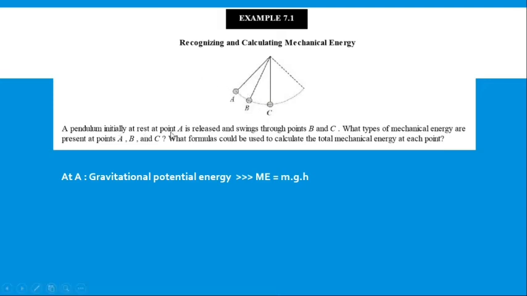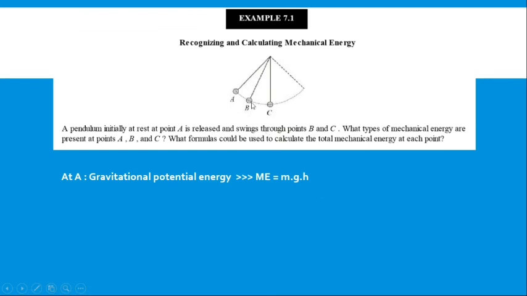And even if this sentence is not written, you have to know that at the highest point, this one and this one, kinetic energy equals zero, always, for a pendulum. How to find mechanical energy? Now we know that mechanical energy equals kinetic energy plus potential energy. Kinetic energy is zero, so we are going to substitute and use the formula for gravitational potential energy, which is m times g times h.